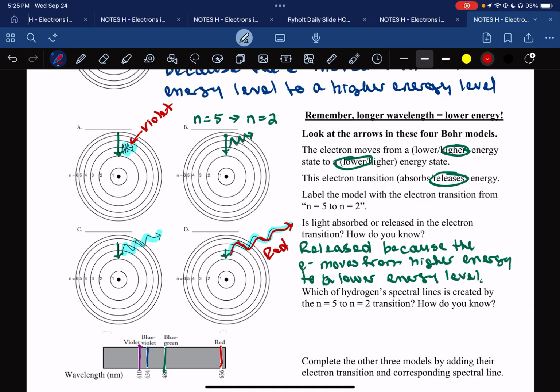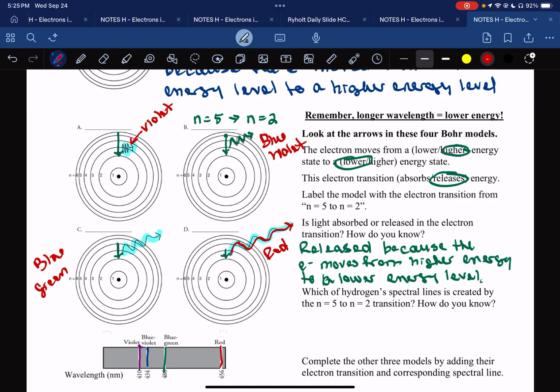And now we have these two in between. If violet is the shortest, the next shortest has to be blue violet, so that's what this one's going to be. And that leaves blue green down here. So this one's blue green.